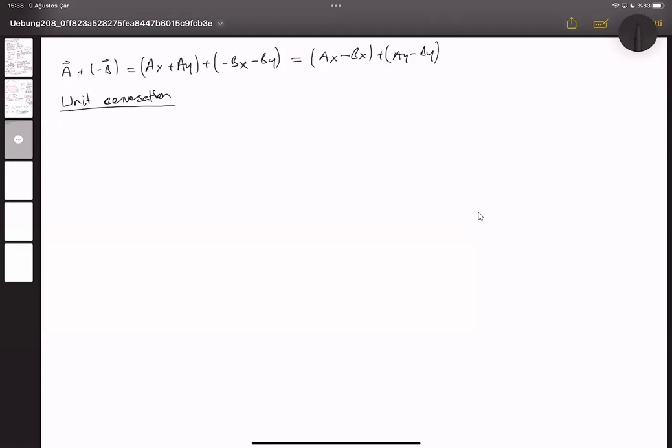So we must measure them with units, for example a meter or a gram.